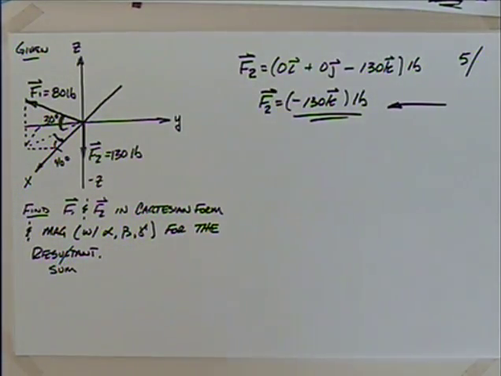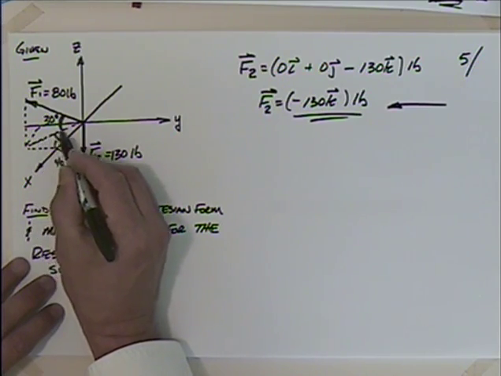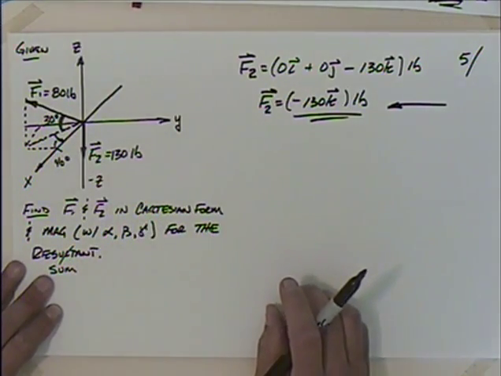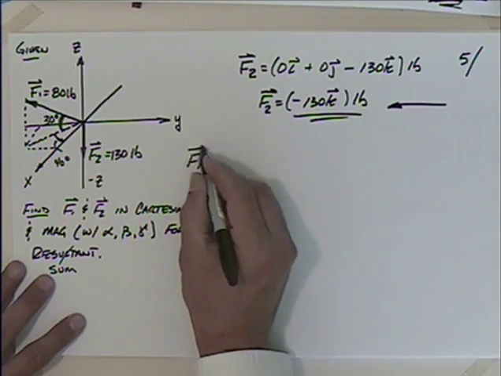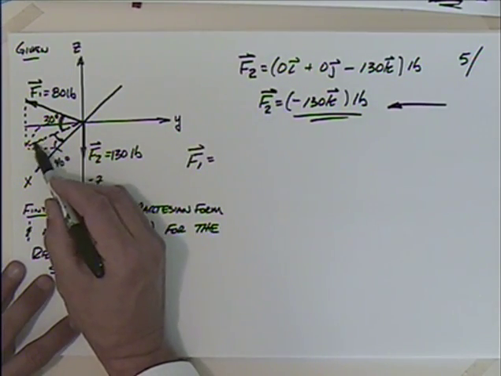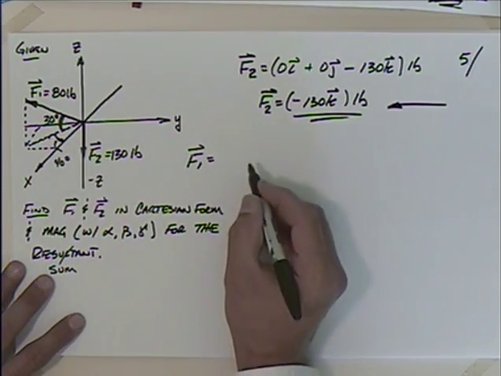Well, F1's a little more work. What I'm going to have to do is look at the projection of this on the XY plane. That's that piece right there. And then translate that into X pieces and Y pieces. So F1 is going to be, if I look at this piece here, 80 times the cosine of 30.